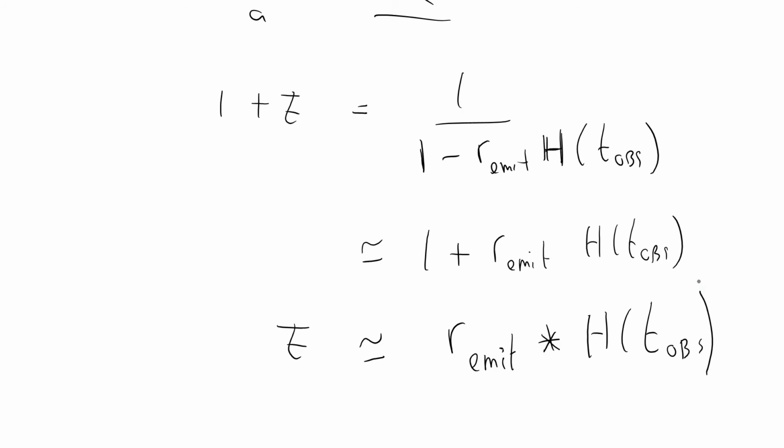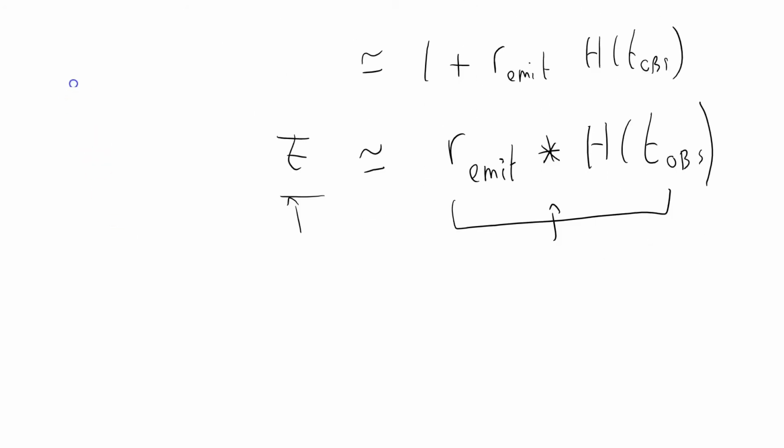Part of the reason I'm being so careful about this is that you've got to be clear that the conformal time is a different beast from the universal time. But nevertheless, we've got this beautiful expression here for the cosmic redshift in terms of the Hubble expansion.